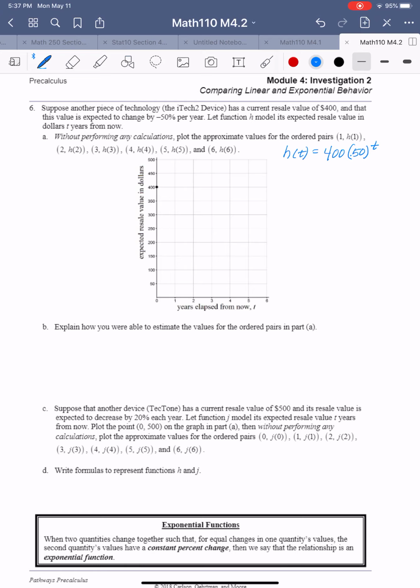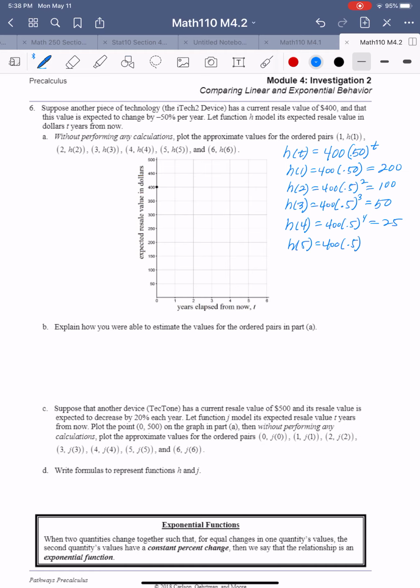So h of 1 means 400 times 0.5, which is 200. Then h of 2 is 400 times 0.5 to the second power, which is 100. h of 3 is 400 times 0.5 to the third power, which is 50. The fourth year, 400 times 0.5 to the fourth is 25. h of 5 is 400 times 0.5 to the fifth, which is 12.5.